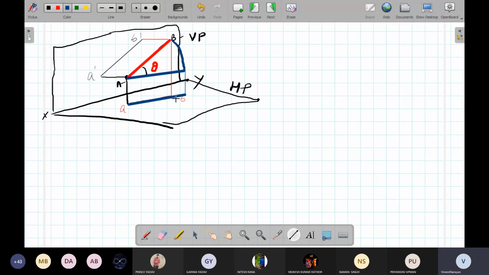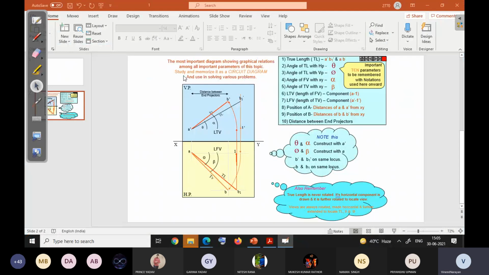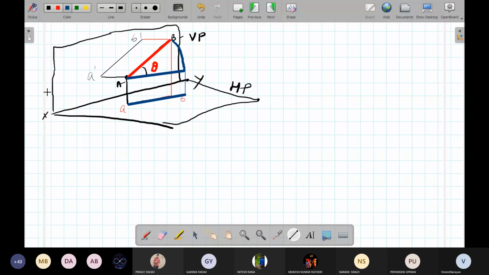That is the true length. So if a line is inclined to any plane, we will rotate it in such a way that it becomes parallel to that plane. And then if you project that parallel line, you will get the true length. That is exactly what we did with question number 8.